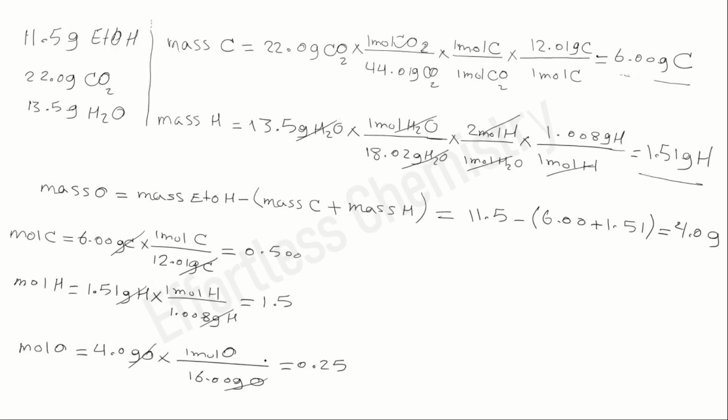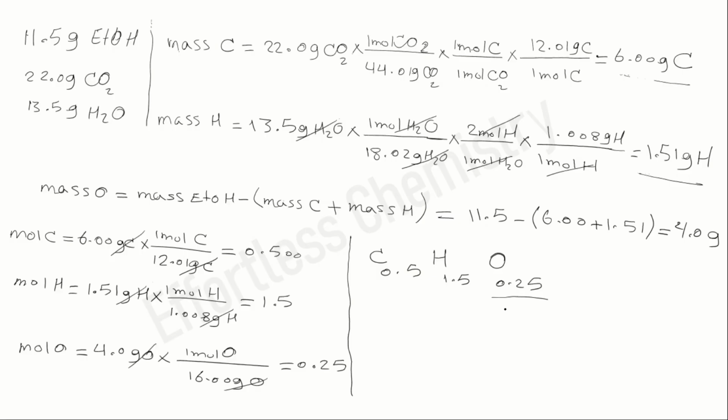Okay, the formula of ethanol should be that. So I will draw a line again here. It should be like that: C 0.5, H 1.5, and O 0.25. The next step is the same as the previous practice. We need to divide all these subscripts by the smallest one.